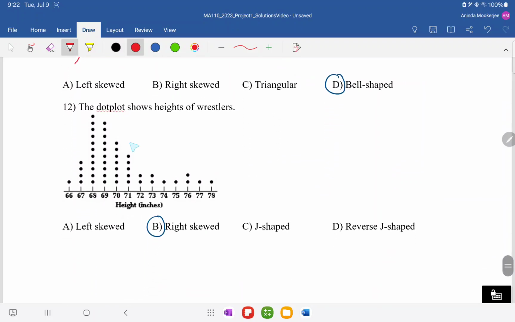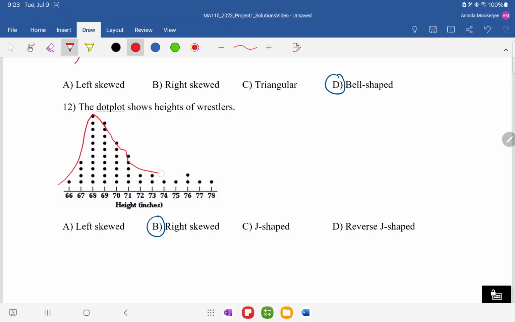What do we have next? It says the dot plot. This is another graphic representation of data. The dot plot shows heights of wrestlers. So again, the choices are, is it left skewed, right skewed, J-shaped, or reverse J-shaped? This one is right skewed. Again, just check it out by superimposing a curve.